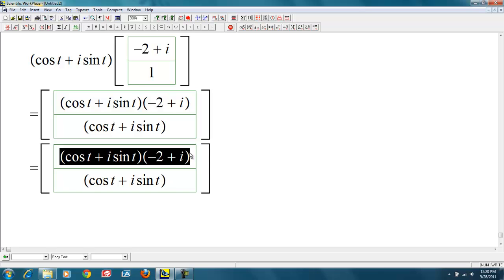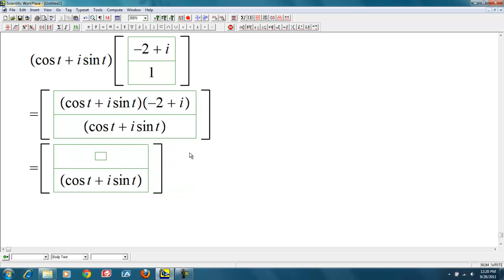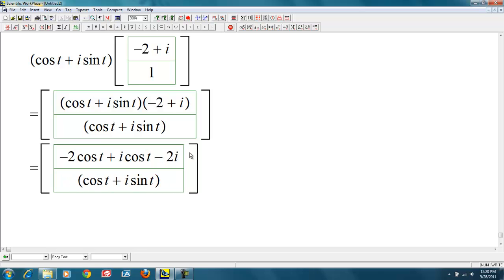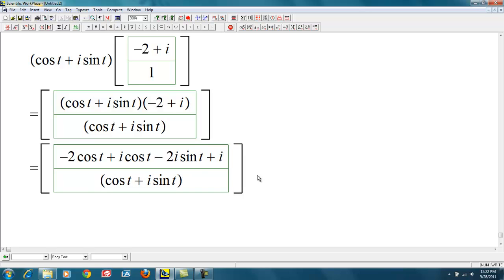So we will have negative 2 cosine t plus I cosine t minus 2I sine t, then plus I squared sine t.